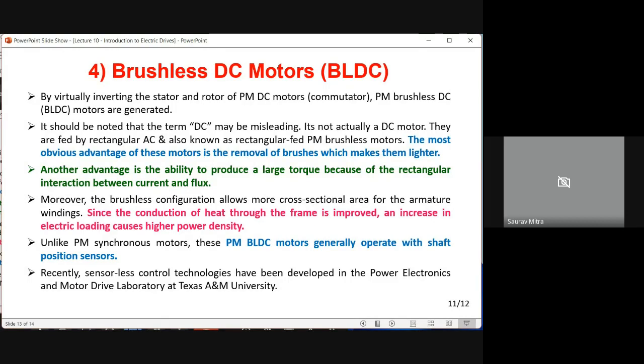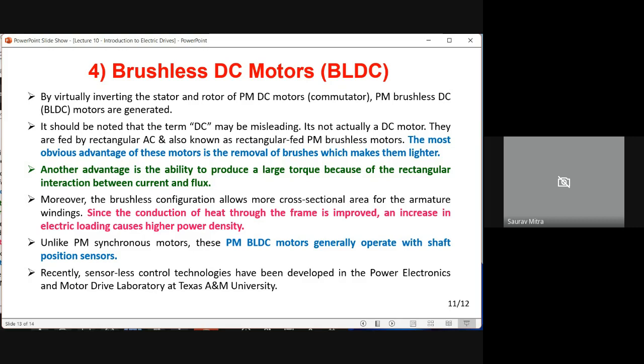In the case of the PM BLDC motor, it is necessary to know the position of the rotor. In that case, we need a position sensor. So with the rotor of this PM BLDC, we should connect a position sensor on the shaft of the PM BLDC motor. We will study this in the drive section, brushless DC motor drive.